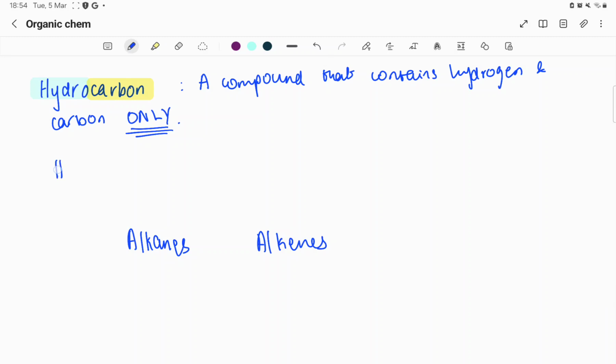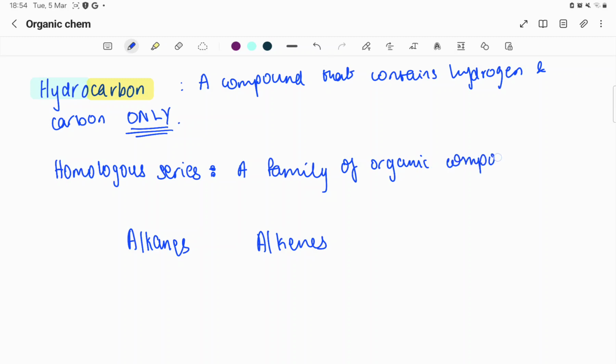And what homologous series basically means is that they are two different families. So a family of organic compounds.